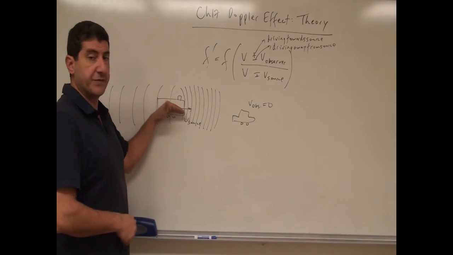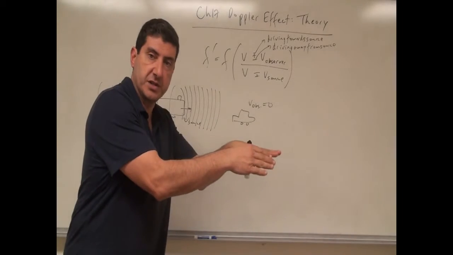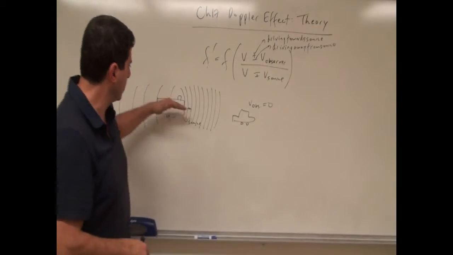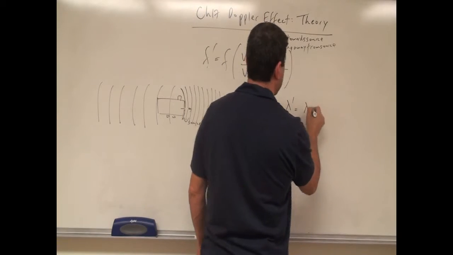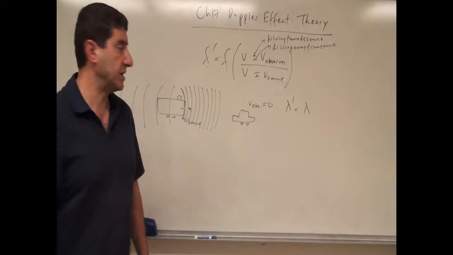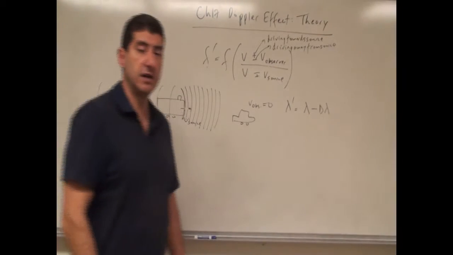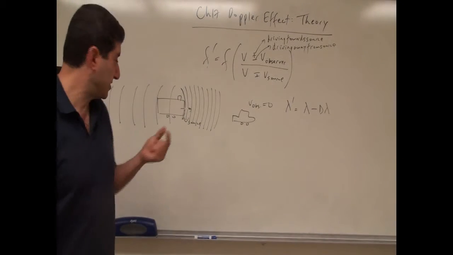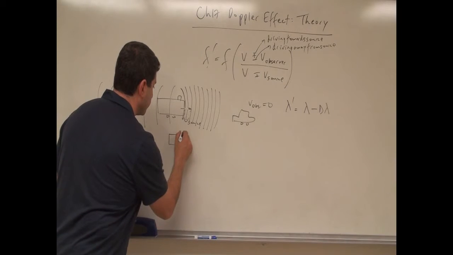Well, because after creating a ripple of sound, the source is itself moving towards the creation of that sound, right? Wavelength shortened. We can say lambda prime is equal to the actual wavelength that it's creating minus the amount that it's shortened, delta lambda, the distance that the source moves.